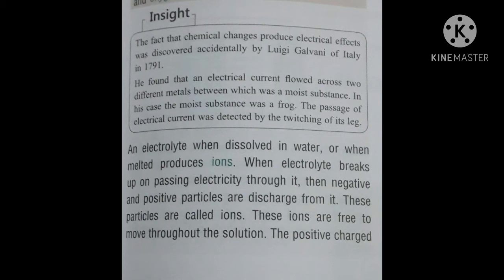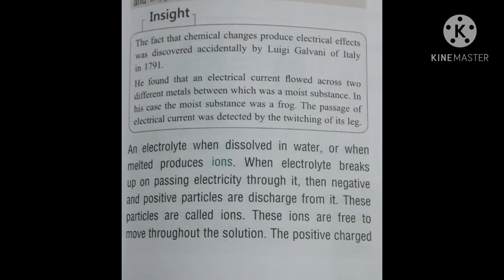Means in between the two metals there was a moist substance, and in his case the moist substance was a frog. He selected a frog. The passage of electric current was detected by the twitching of its leg. The frog withdrew its leg.